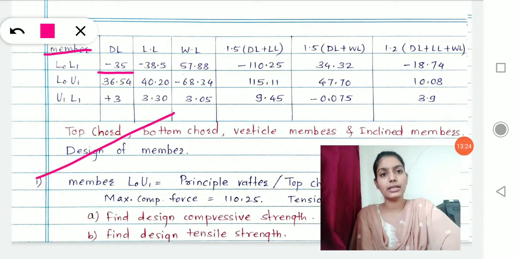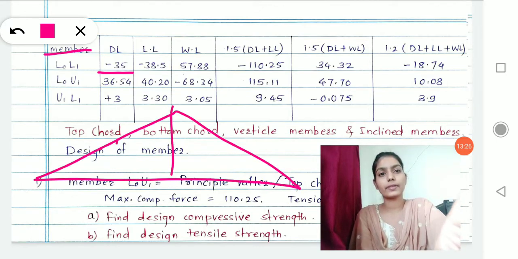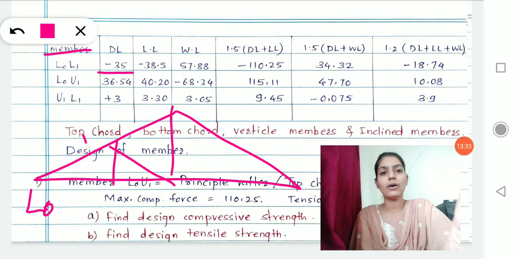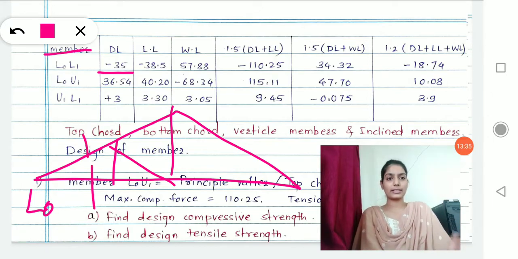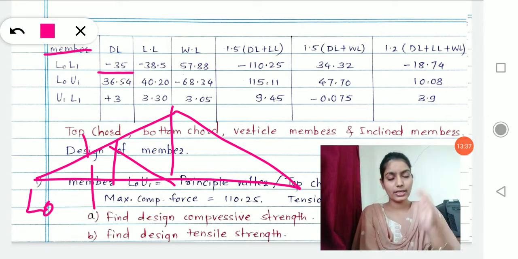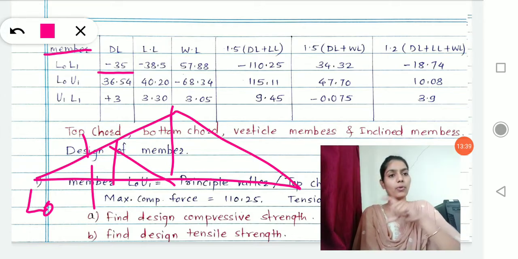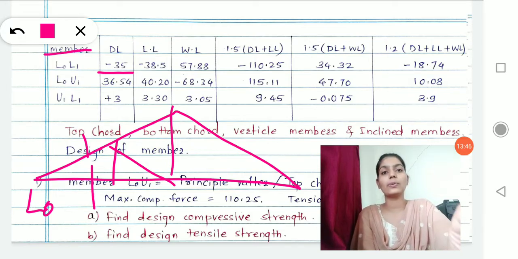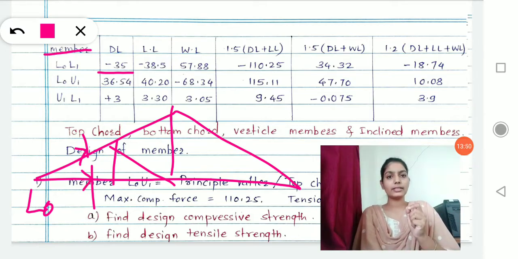How did we do that? This is your truss. This is, let's suppose, the first joint L0. Then at this joint, you have to cut all the members coming towards that joint and separate it from the whole truss. After that, you have to understand what forces are in each member. These forces can be calculated using the joint method, right?